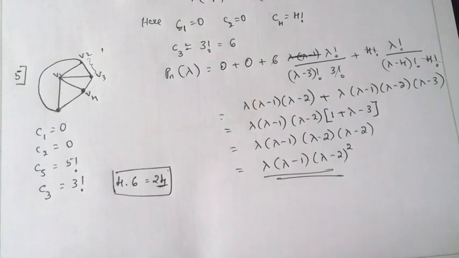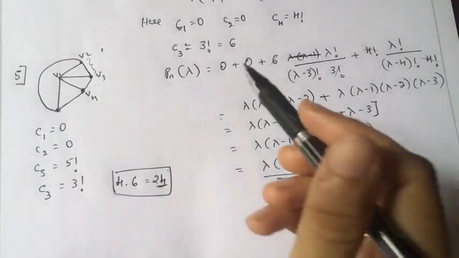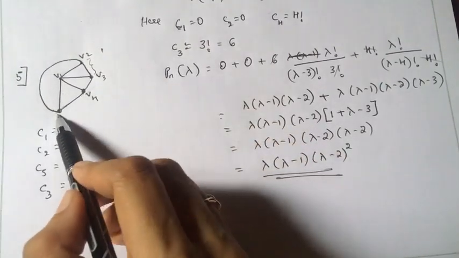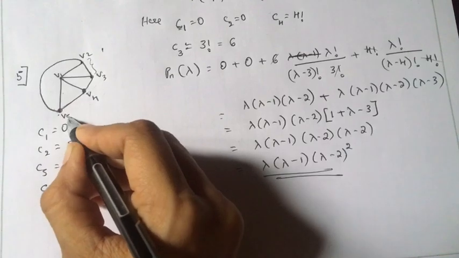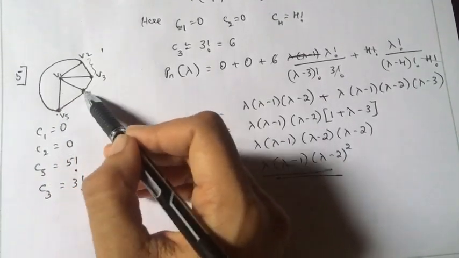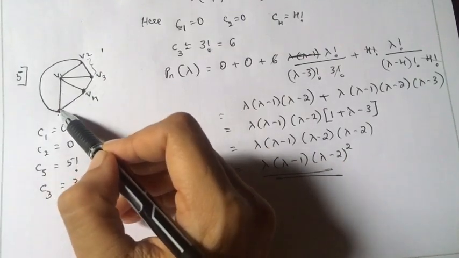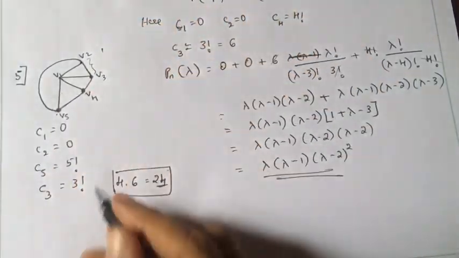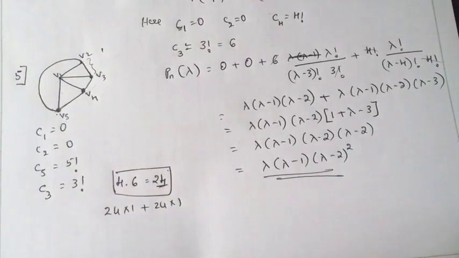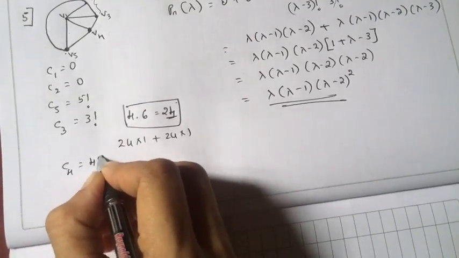The fourth color can be assigned either to the vertex v4 or to the vertex v5. In the sense, this vertex and these two vertices, the fourth color I can give to this or to this, right? 2 choices I have. So that is 24 into 1 plus 24 into 1. So c4 will be 48.